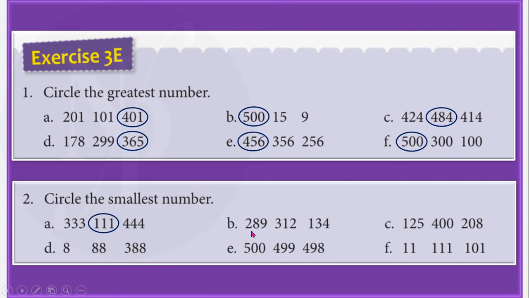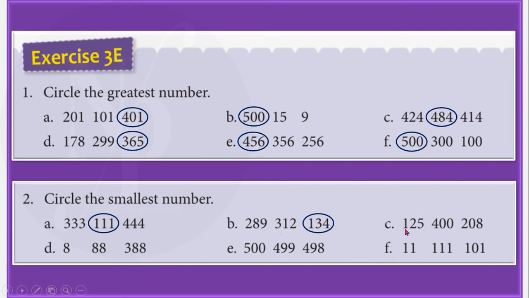Coming to B, we have 289, 312, 134. So 134 is smallest because we have 1 here in hundreds place, and in these two numbers we have 3 and 2 which are greater than 1. Therefore 134 is the smallest number.